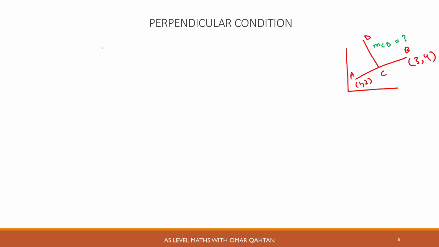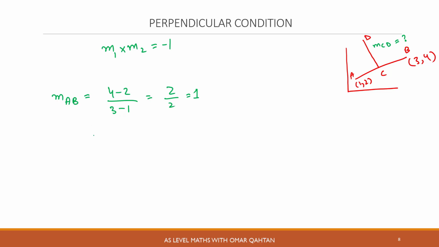We actually know the formula, which says M1 into M2 is equal to minus 1. First we will try to find the gradient of AB, which is needed here. The strategy is to find the gradient of one line, and by using that gradient find the gradient of the other line. Let's see how we do it. So M of AB will be 4 minus 2 upon 3 minus 1, so 2 upon 2 is equal to 1.